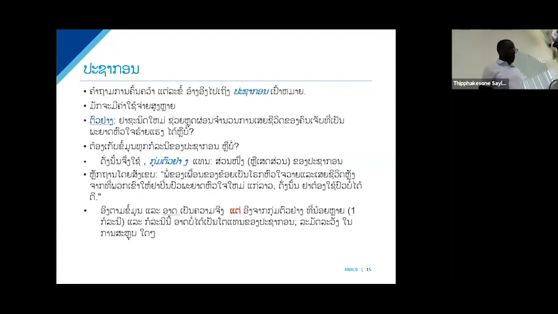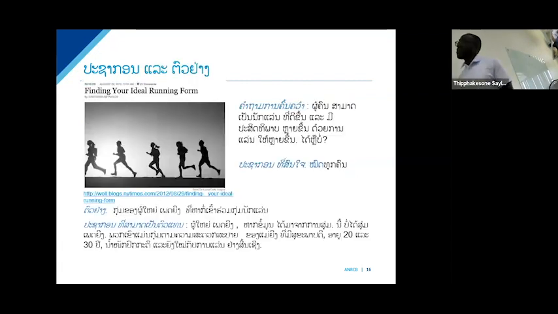An example of a research question: can people become more efficient runners on their own simply by running more? In other words, can someone become a better runner just by running, instead of having to learn techniques to run better?